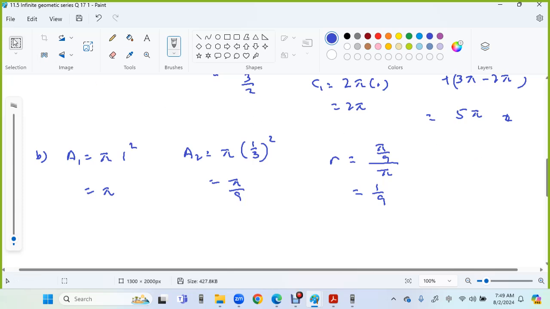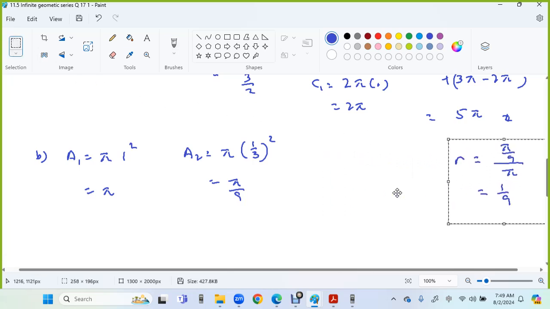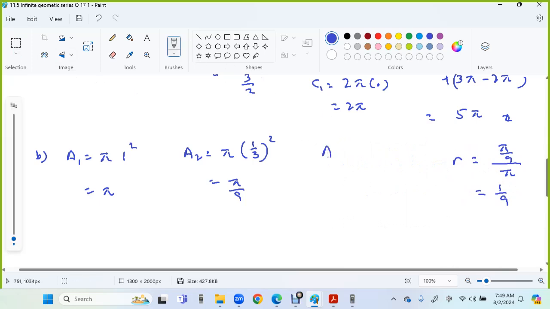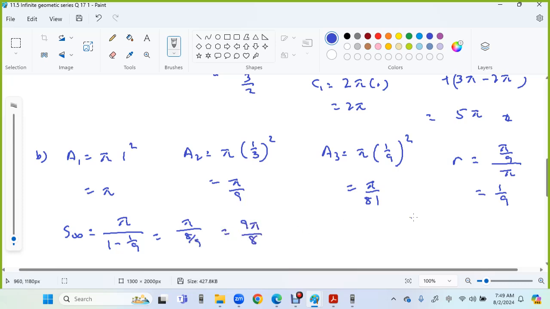The next one, A3, is pi times (1 over 9) squared, which is pi over 81. So the ratio is 1 over 9. So the S infinity is pi over 1 minus 1 over 9, then we have pi over 8 over 9, then we have 9 pi over 8.